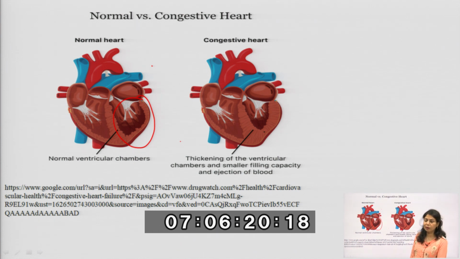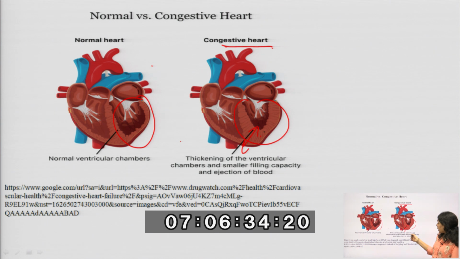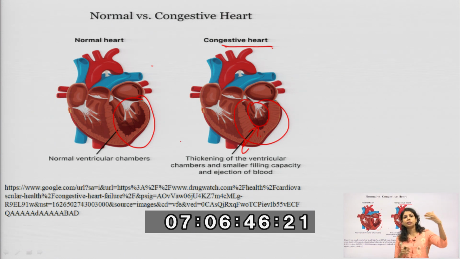Whereas in the congestive heart, what you see in the diagram is thickening of the walls. When the ventricular walls are thickened, the filling capacity decreases. When the filling capacity of the ventricles decreases, it is not able to eject out proper blood.